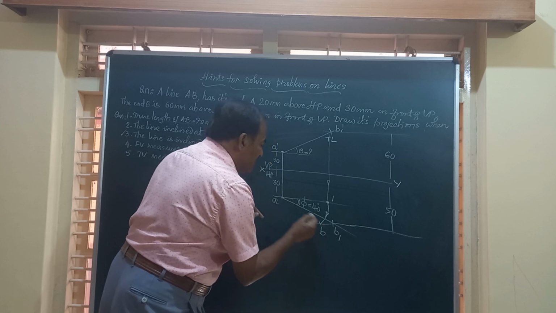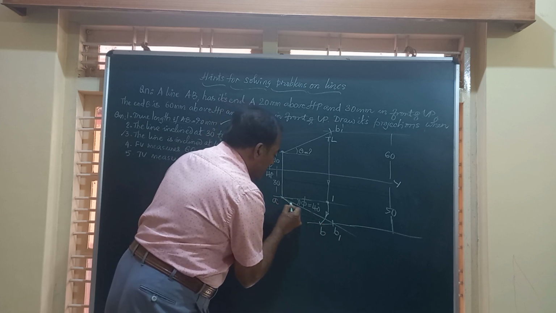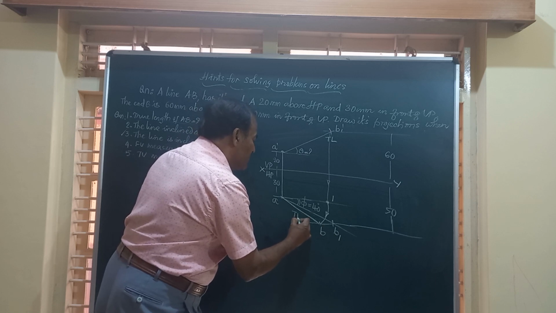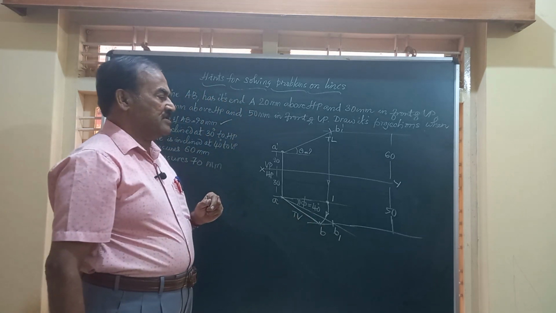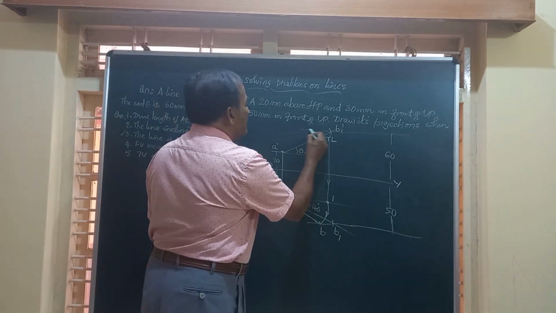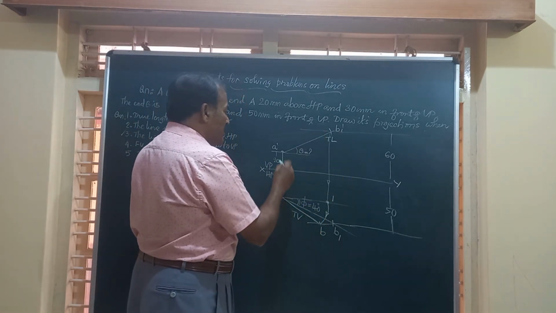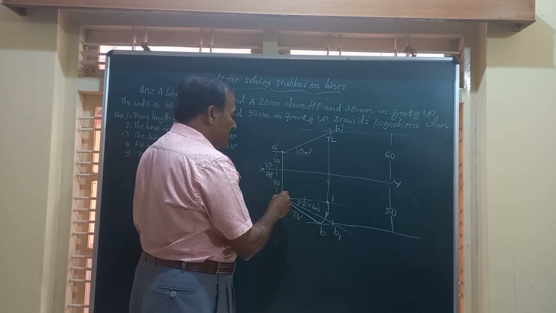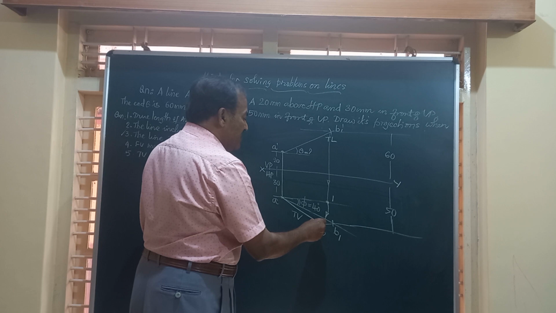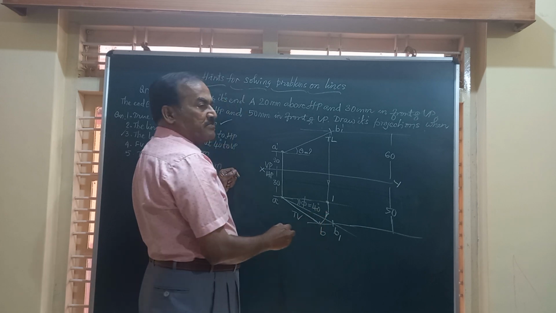Friends, you got A and B. If you join A and B, you get AB. AB is the top view of the line. And once you have this top view, it is very simple to complete the remaining part. A dash and A lie on a vertical line, so also B dash and B should lie on a vertical line. You have the end B here.